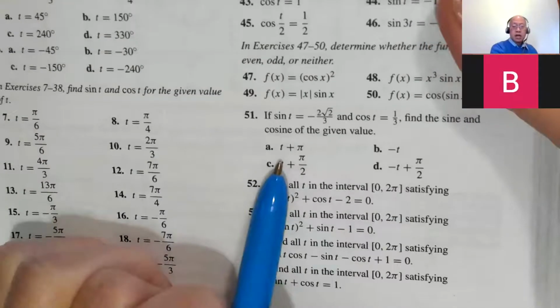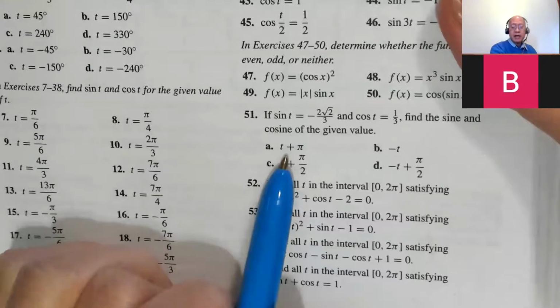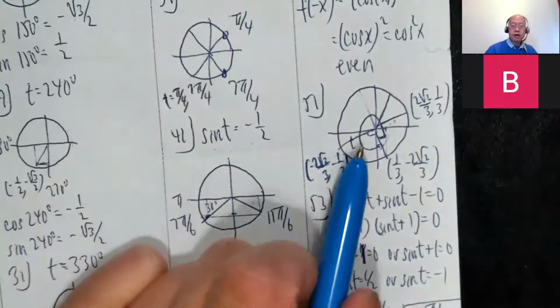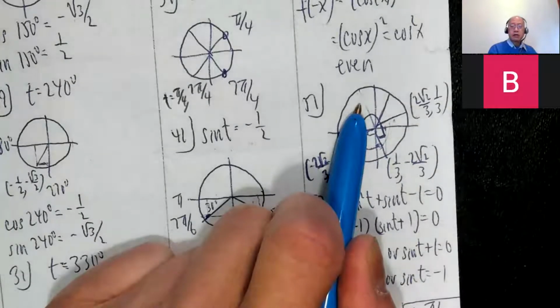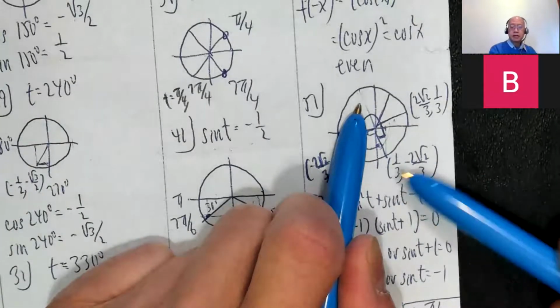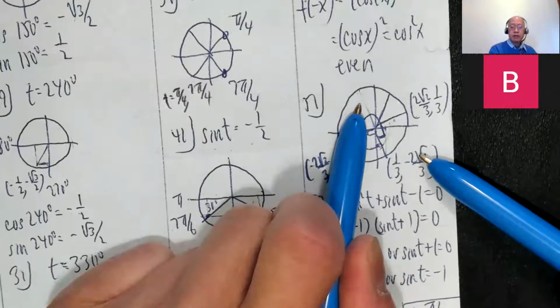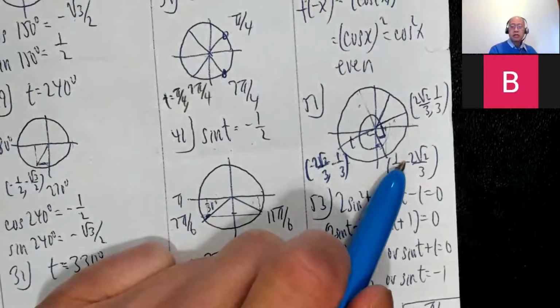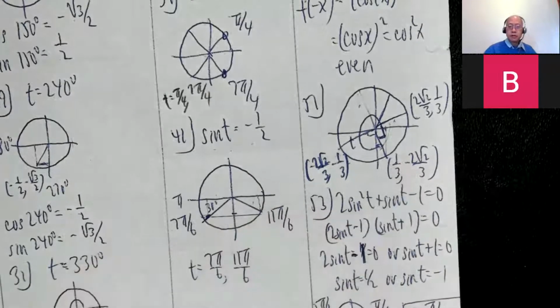So for instance, if it says t plus pi, well, you go 180 degrees off, that lands me here. A second quadrant. So I just reverse these signs. Okay, so I don't have space to write it. But for part A, put negative 1/3, positive 2 radical 2 over 3.